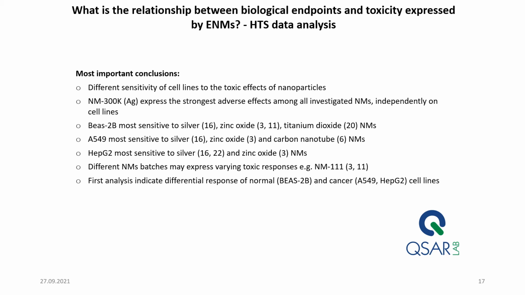The BEAS-2B is most sensitive to silver, then zinc oxide, then titanium dioxide. A549 is most sensitive to silver, zinc oxide, and carbon nanotube. Well, the HepG2 is more sensitive to silver and zinc oxide. So there is a clear pattern in here, with silver being highest rank, followed by zinc oxide, and then at the lowest rank you have titanium dioxide and carbon nanotube.